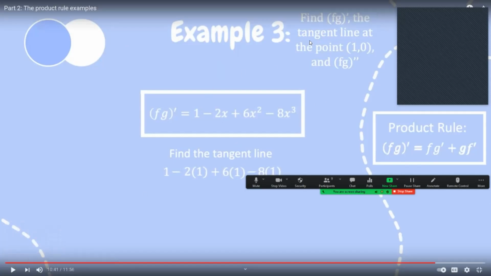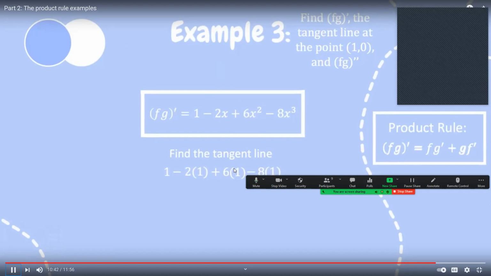I'm just going to pause there for a minute. Because we're looking for the tangent line at the point 1, 0, we know the x value there is 1, right? This is an ordered pair, 1, 0. The slope of the tangent line to any curve is the value of the derivative at that x value. So she's taking this derivative and plugging in the x value, and that's where we're going to get the slope.